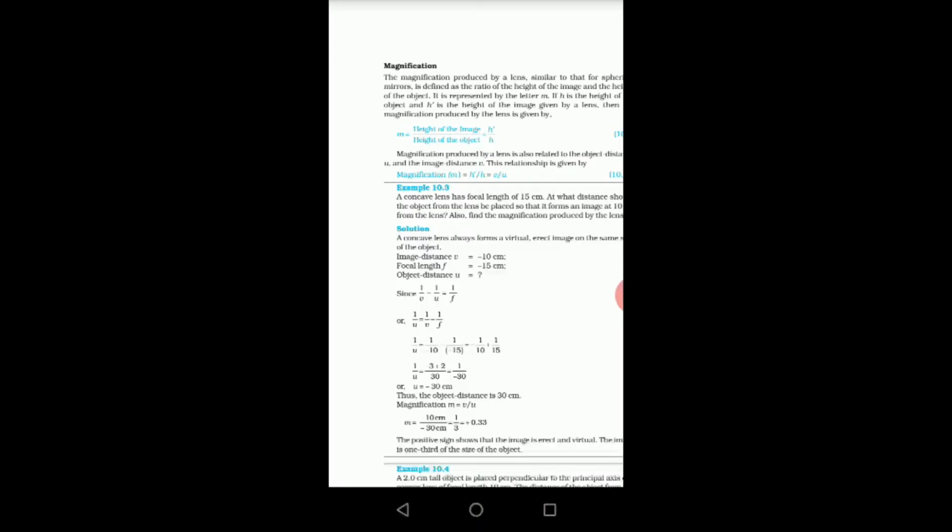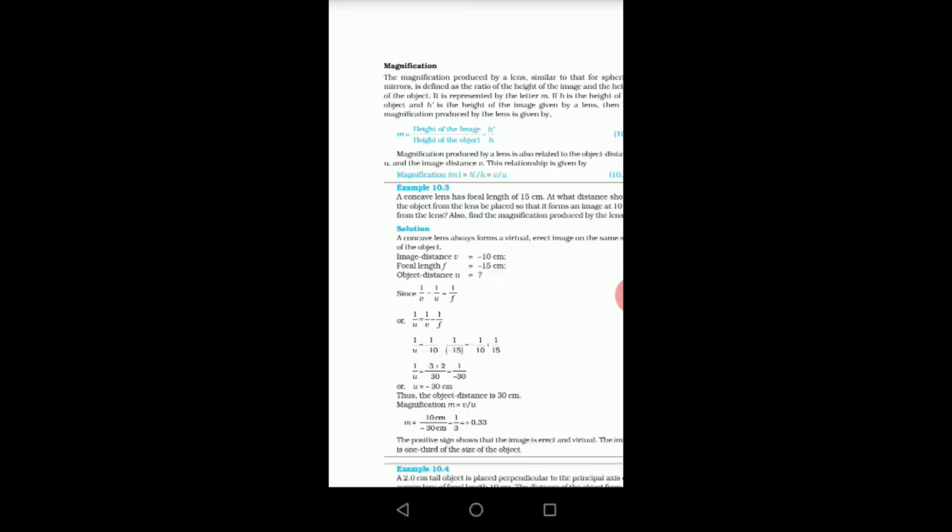Let equation 2. From equation 1 and 2, we get HI by HO equal to V by U, or HI equal to V by U into HO. HI means the height of the image.